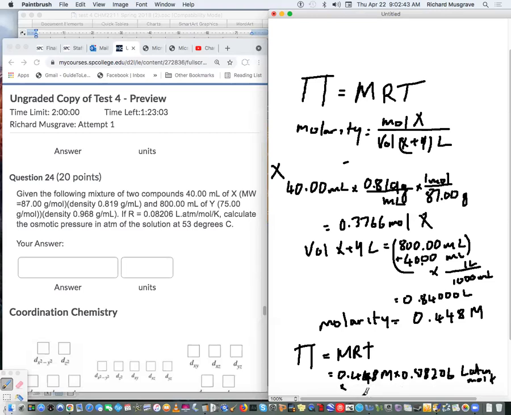And that's times the temperature. So 53 degrees Celsius, that needs to be converted into Kelvin. That'd be 326. Okay. And so multiplying all that out, that will give you your answer. It's going to be 117 atmospheres.